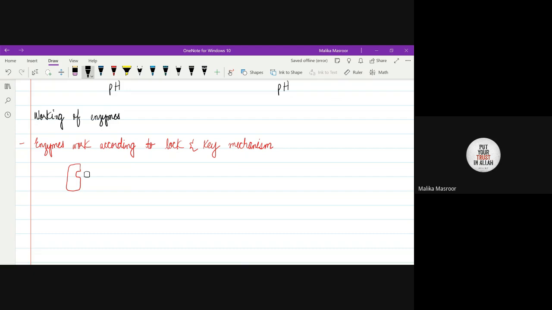For example, this is your active site. It will fit here. It forms an enzyme substrate complex.